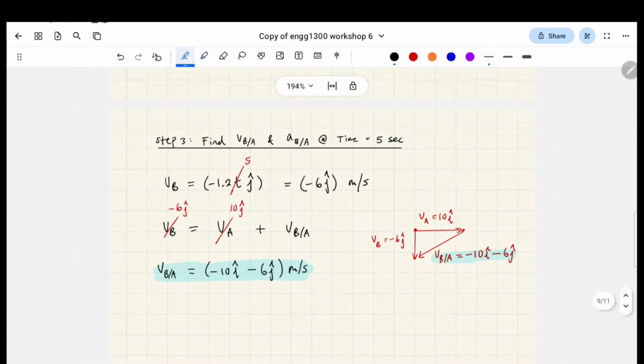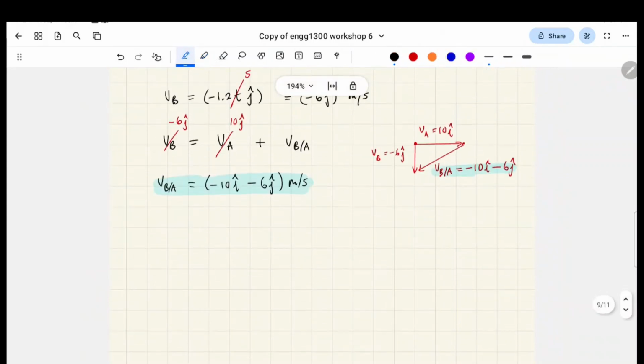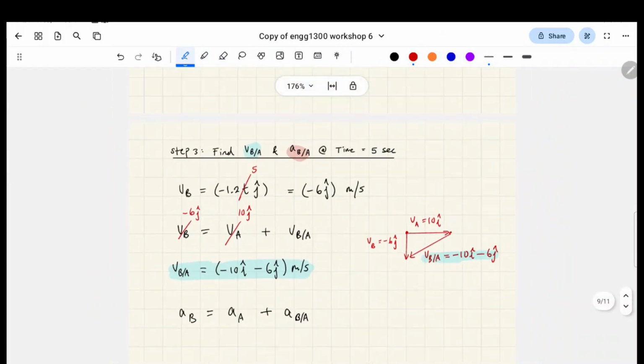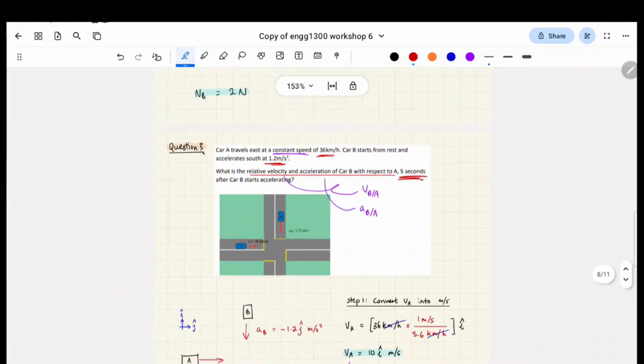Okay, and now the last bit, so that was VBA. The last bit's asking for the acceleration as well. So basically it looks like this. This is our relative velocity. We were given that the acceleration of car B was 1.2 south, and we were given that car A doesn't accelerate.